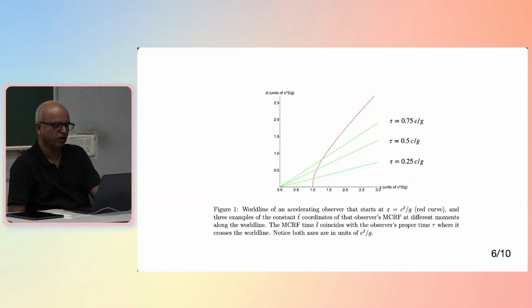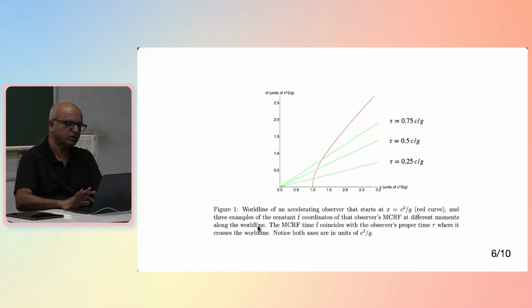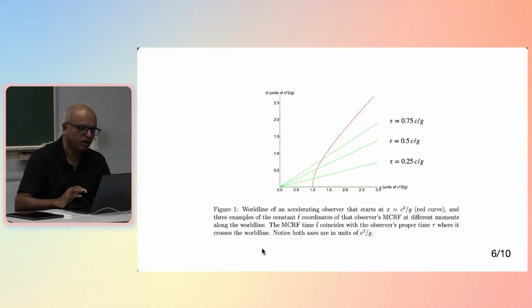Something very interesting happens. Let us read the label. The world line of an accelerating observer that starts at x equal to c square by g is the red curve, with 3 examples of the constant t bar coordinates of that observer's MCRF at different moments along the world line.